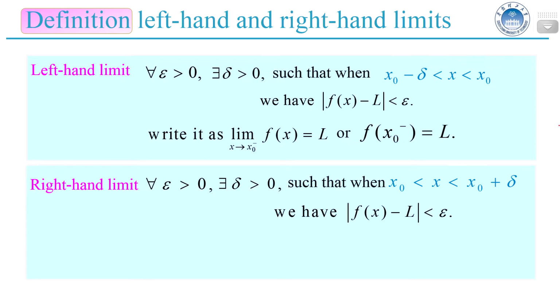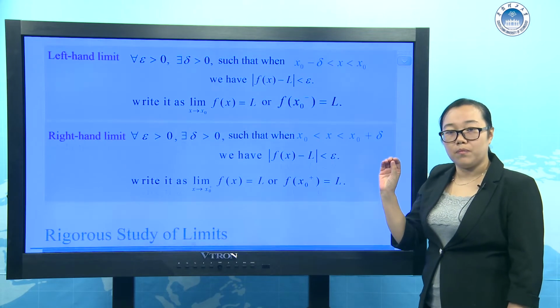At this time, write it as the limit as x tends to x0 plus of f(x) equals L. Pay attention to x0 plus. Plus means x tends to x0 from the right side.